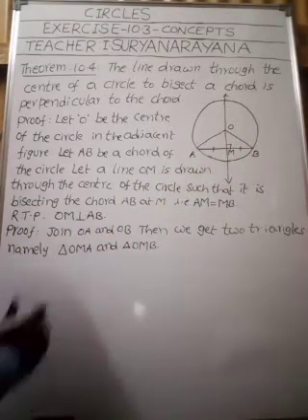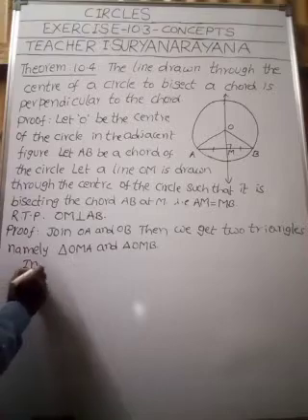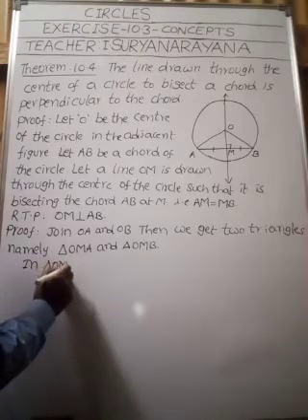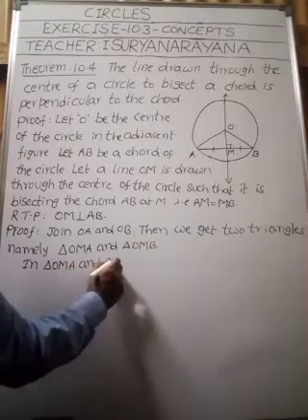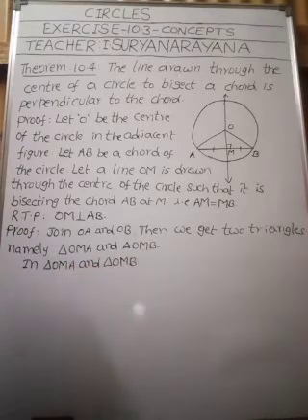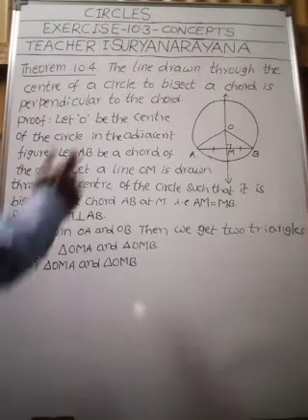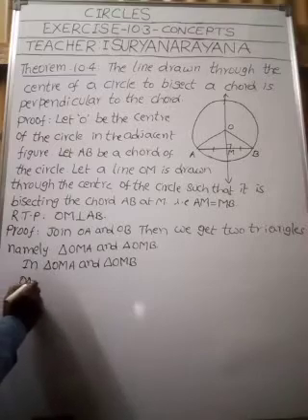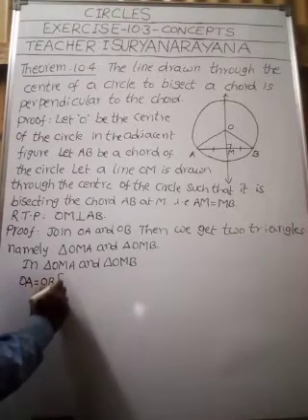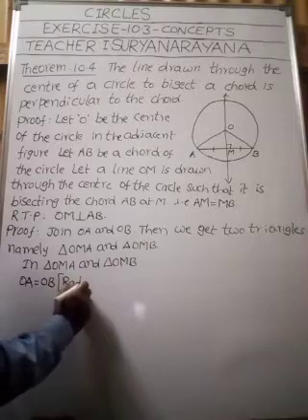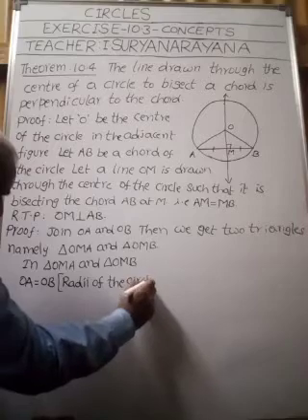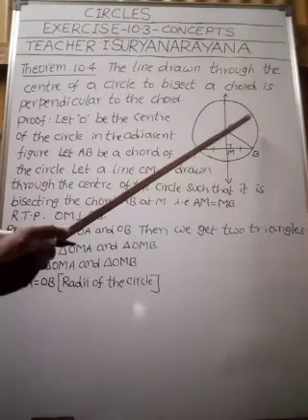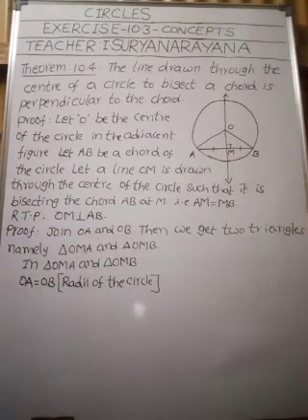In triangle OMA and triangle OMB, let us compare the corresponding parts. OA is equal to OB because they are radii of the circle. Yes or no, my children?